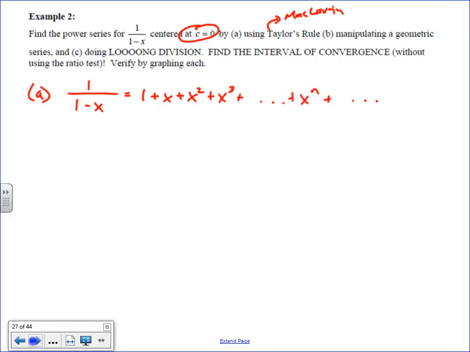Keeps going, right? If we were to do the interval of convergence, we could go ahead and do, if we were solving, x to the n plus 1 over x to the n, because our nth term, right?